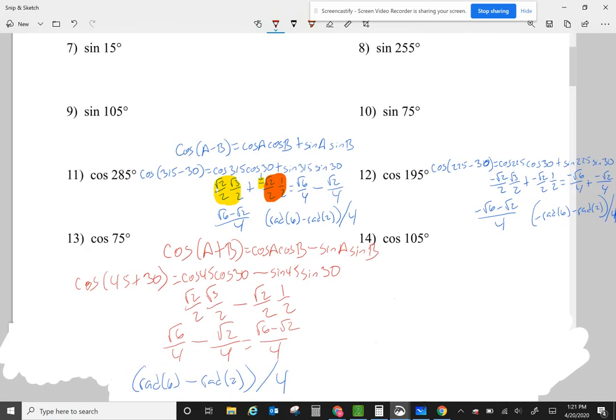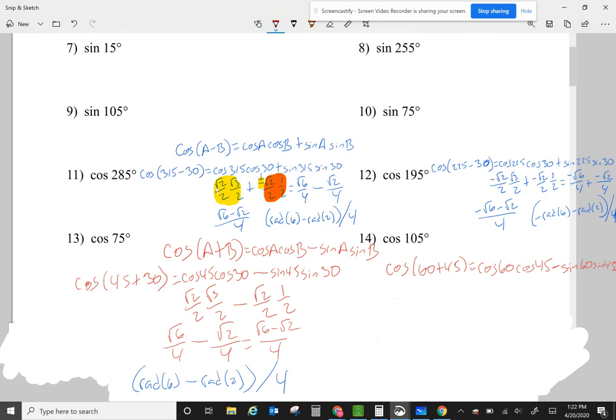I'm thinking two numbers that when I add equal 105. And once again, I'm choosing my numbers from my unit circle. I'm going to call this cosine of 60 plus 45. According to my formula, I have cosine of 60 times cosine of 45 minus sine of 60 times sine of 45.